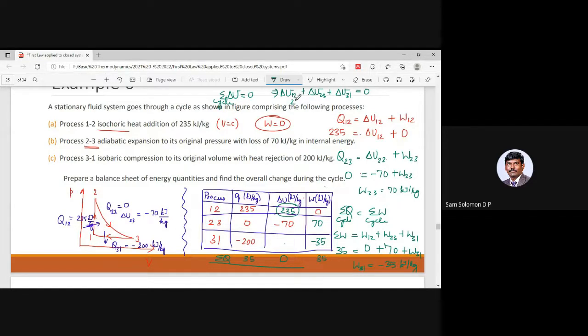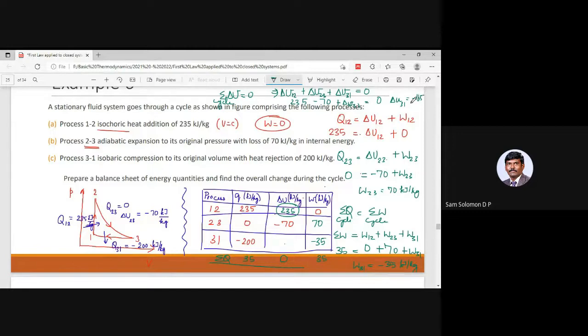So this is 235 minus 70 plus delta U31, and this is equal to 0. So 235 minus 70 would be 165. So when you take it to the other side, it will be minus 165.